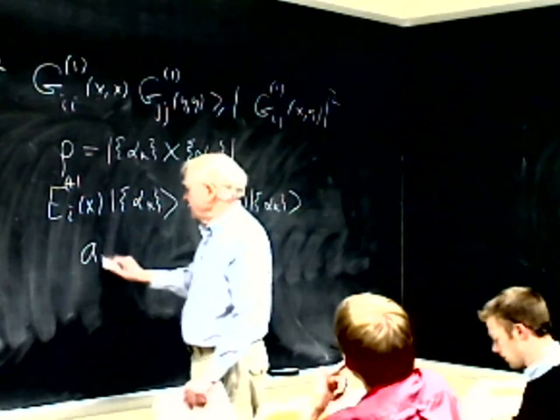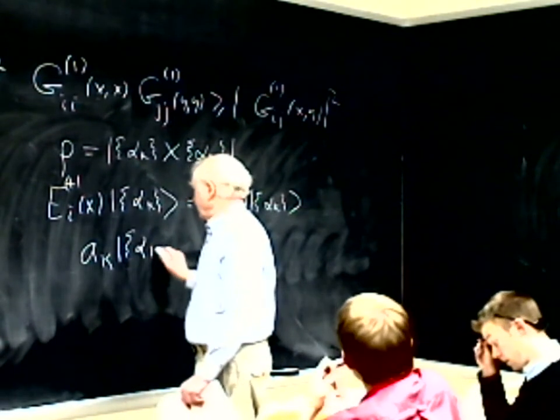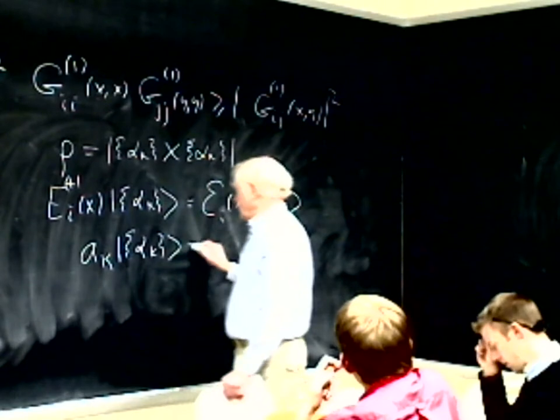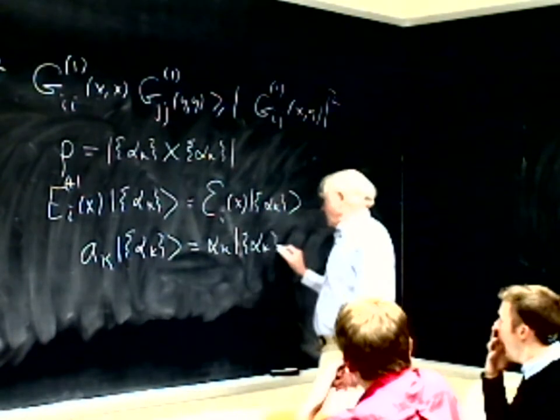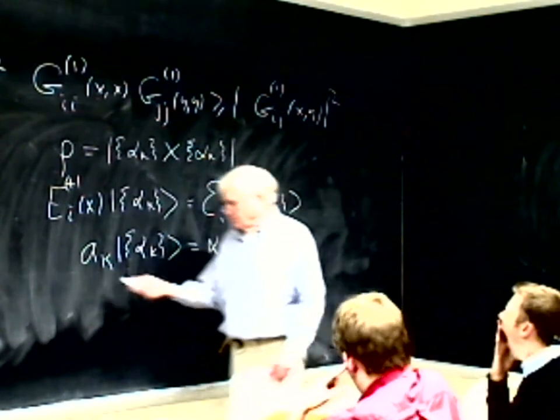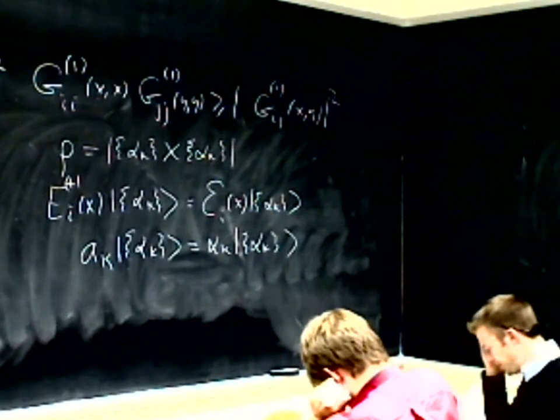And that's because a_k on |alpha> is equal to alpha_k for all the modes k, normally an infinite number of modes.